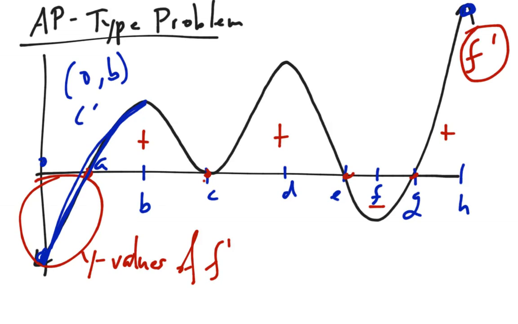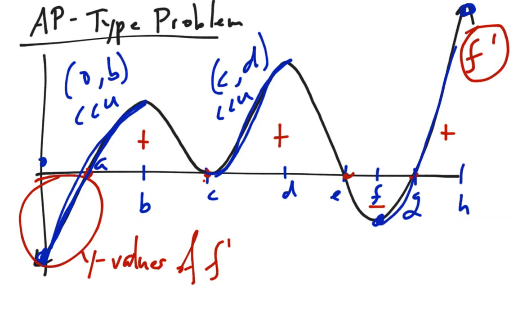That means f is concave up here. F prime is increasing between c and d, so between c and d, f is concave up. And it's also increasing between f and h, and so that's that final interval where f is concave up.